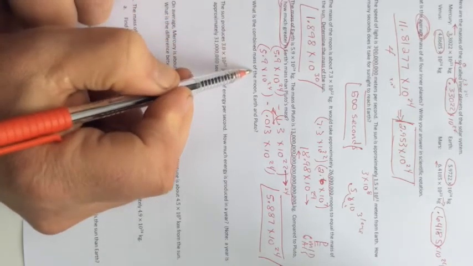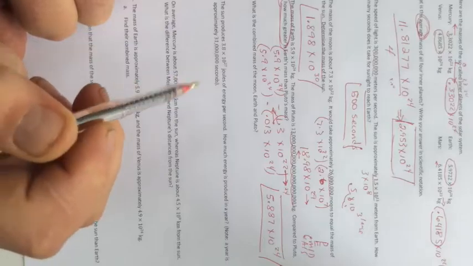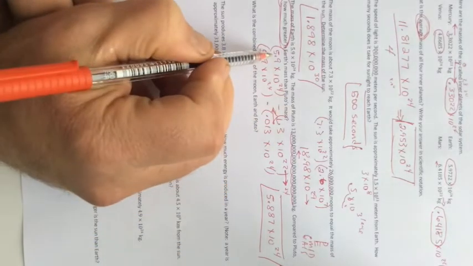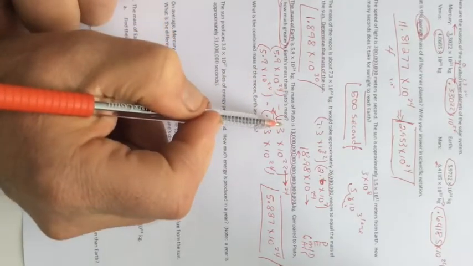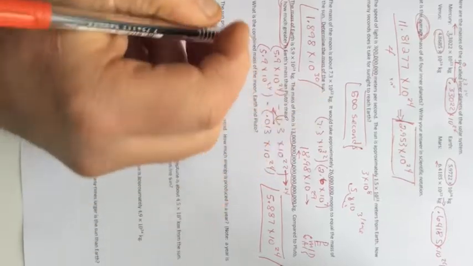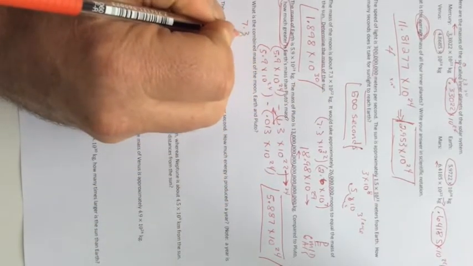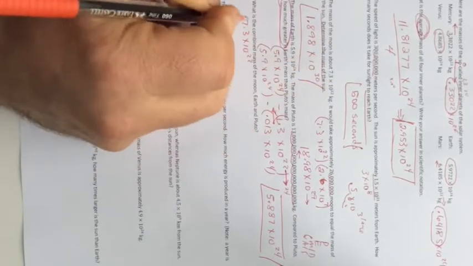So what is the combined mass of the Moon, Earth, and Pluto? Okay, so there's the Moon, Earth, and Pluto. Here's Earth and Pluto, and there's the Moon. So we got the combined mass, so 7.3 times 10 to the 22, there's the Moon.